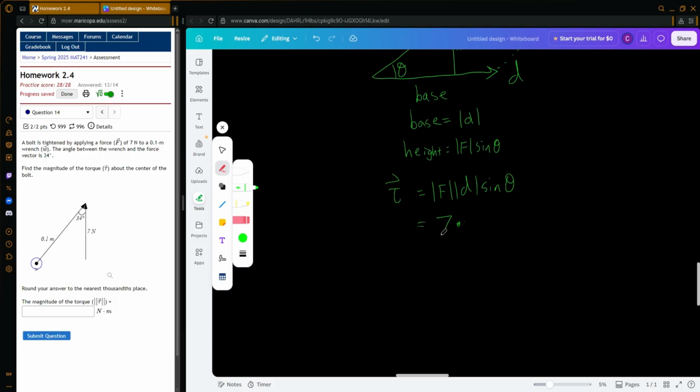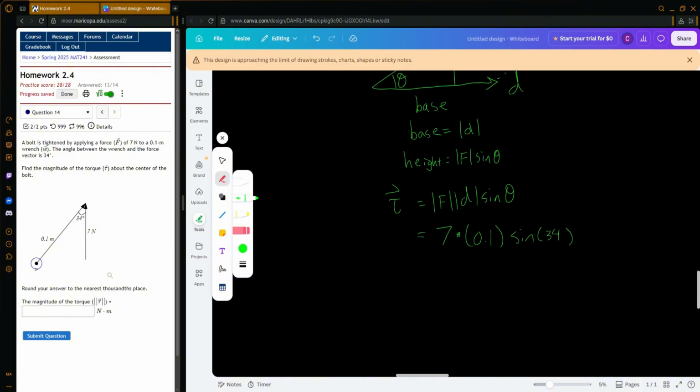Times the magnitude of the distance. Oh no, actually it tells us: 0.1. Distance is 0.1. See, this is why it's really nice. Now sine of 34. So 7 times 0.1 times the sine of 34. I get 0.39.